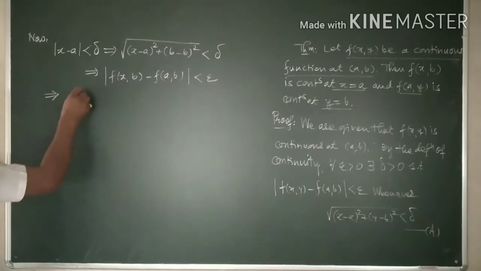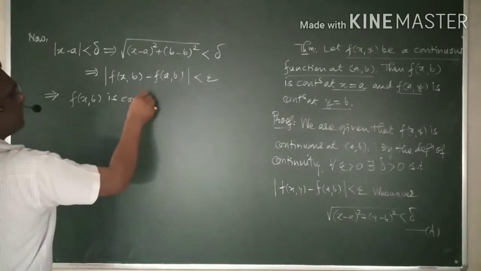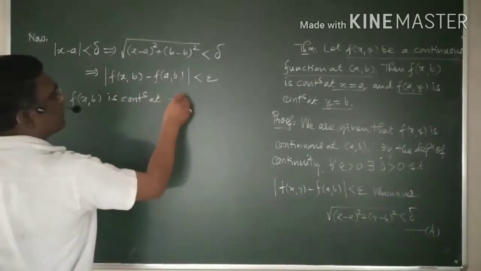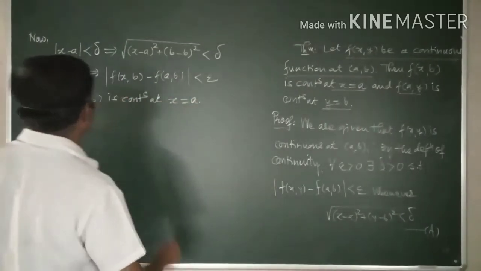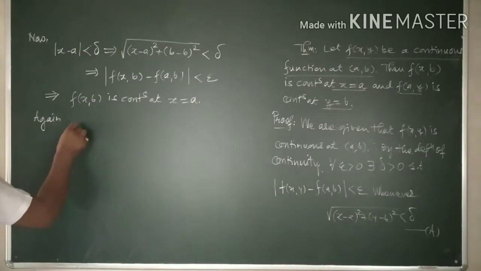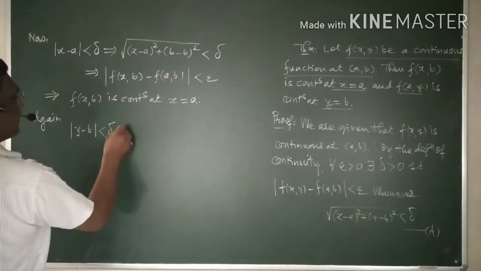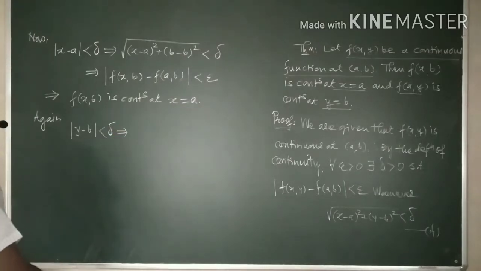This implies that f of x, b is continuous at x is equal to a. Again, what happened? Again, |y minus b| less than delta. What does this imply?